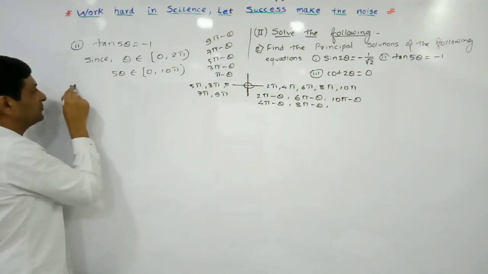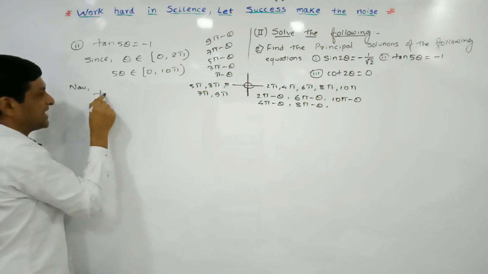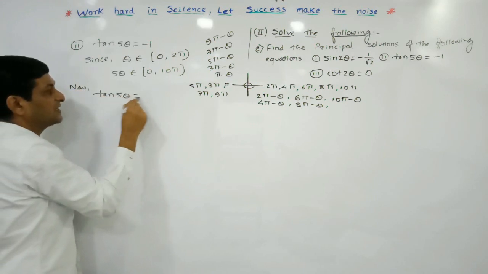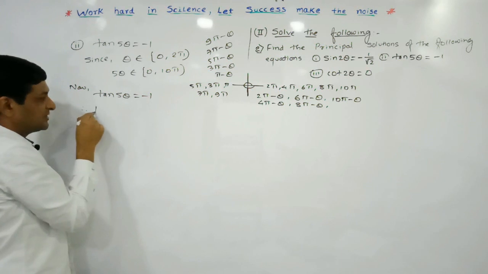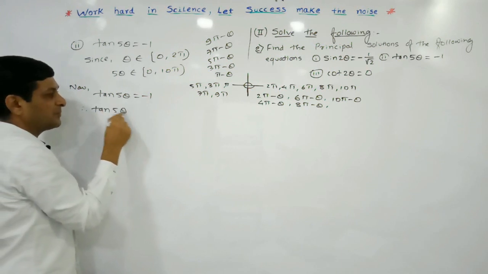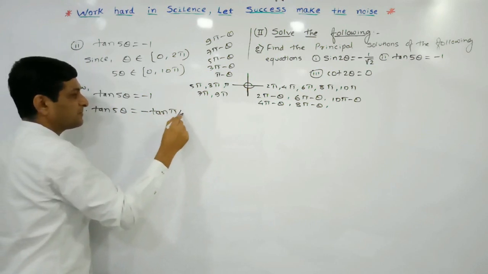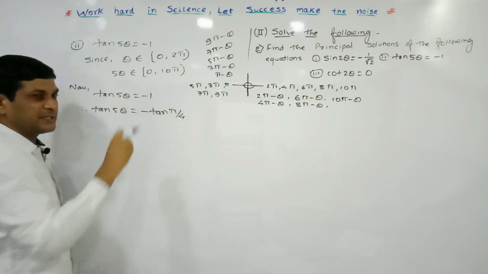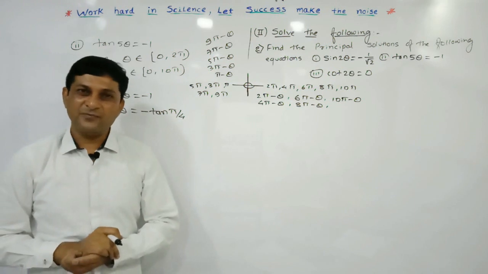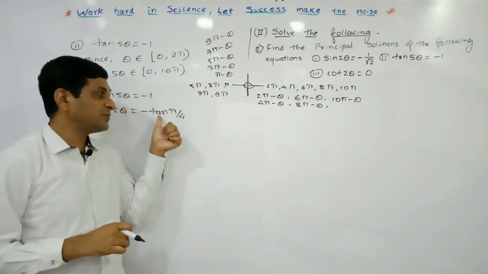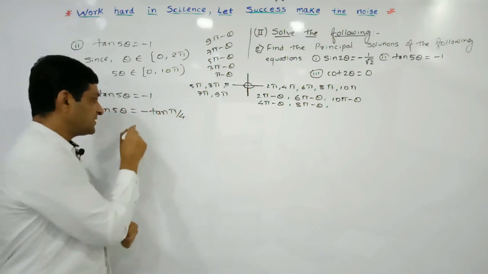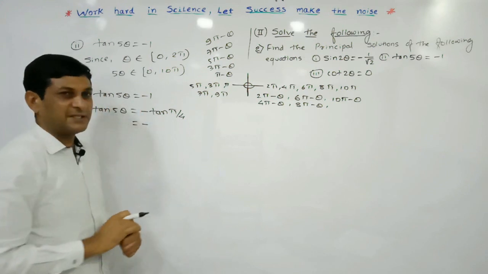So now we are considering the given equation tan 5θ = -1. Keep tan 5θ as it is. On this side, can I replace -1 by π/4? Keep the minus as it is. 1 is nothing but the value of tan 45°, that is tan π/4.